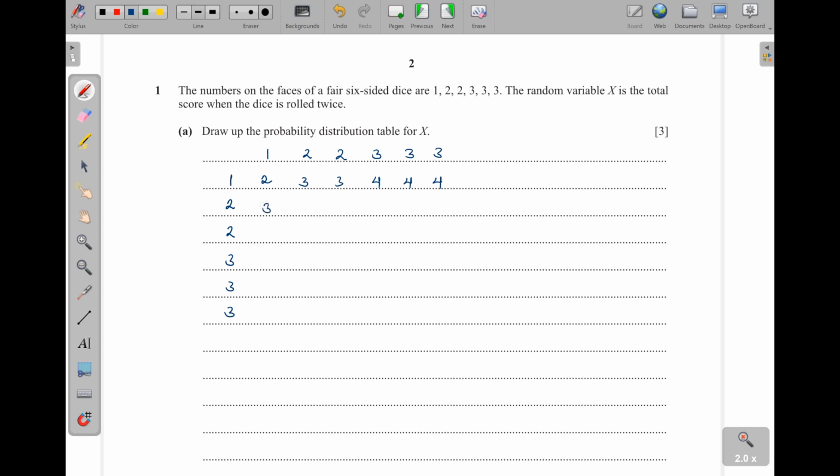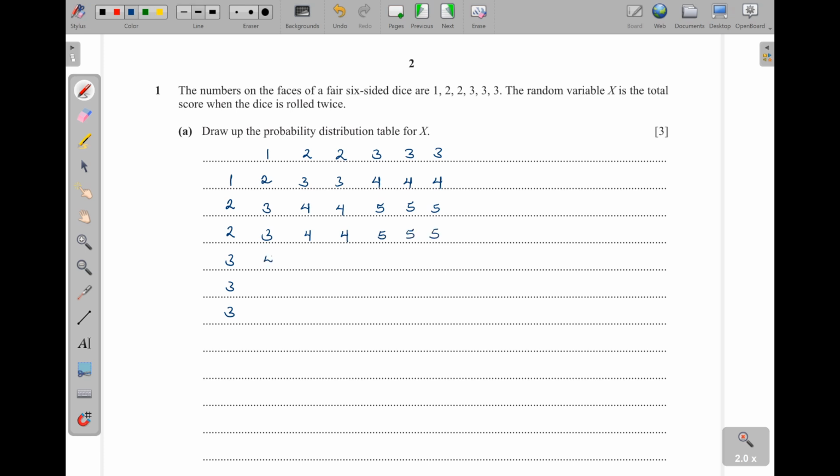Here we shall get 3, 4, 4, then 5, 5, and then 5. Then here we get 3, 4, 4, 5, 5, and 5.